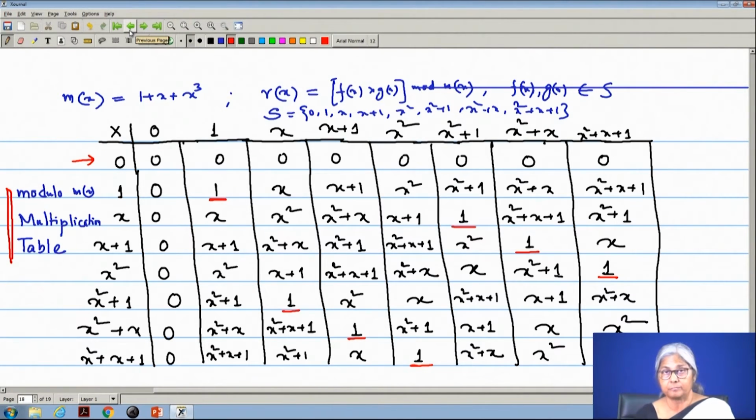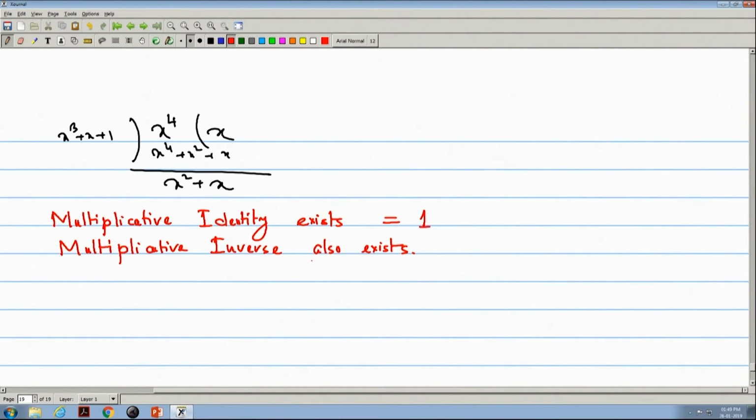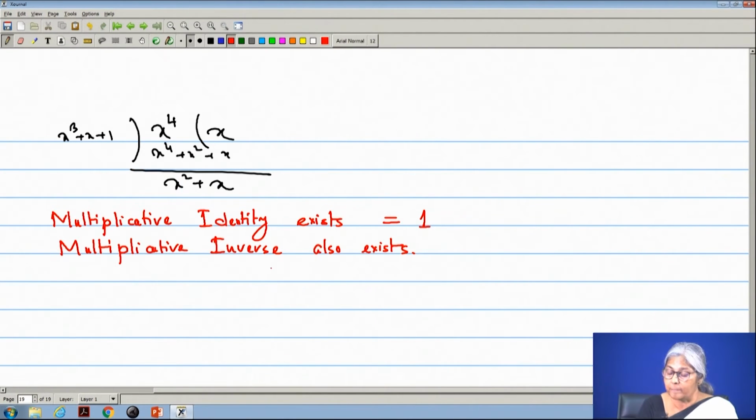Then associative, because it is polynomial multiplication, that already we have seen, and again since it is multiplication of polynomials, so commutative also. Now, multiplicative identity exists and multiplicative inverse also exists. So, mainly multiplicative inverse is there. So, it is an integral domain. Now, the inverse is there. So, this forms a field.